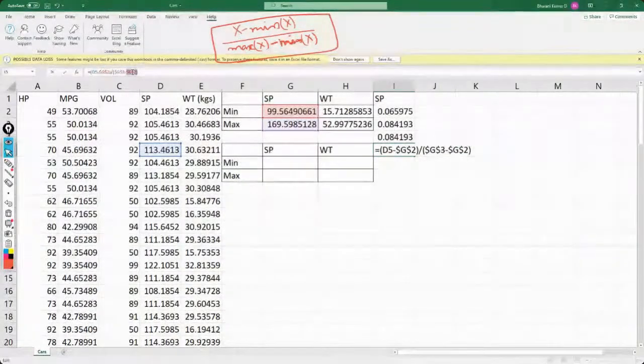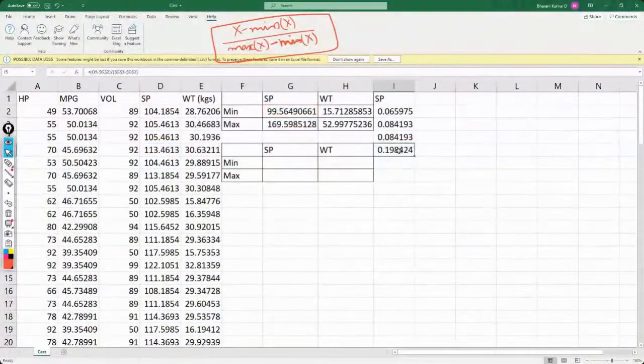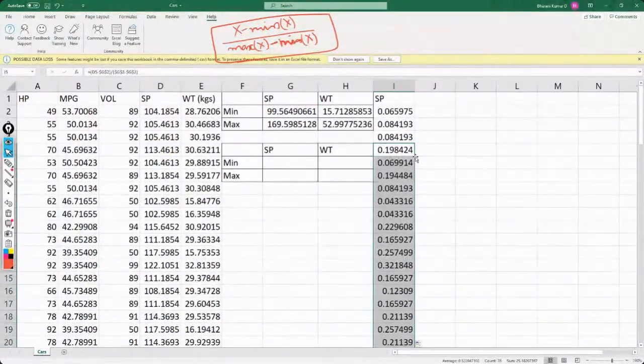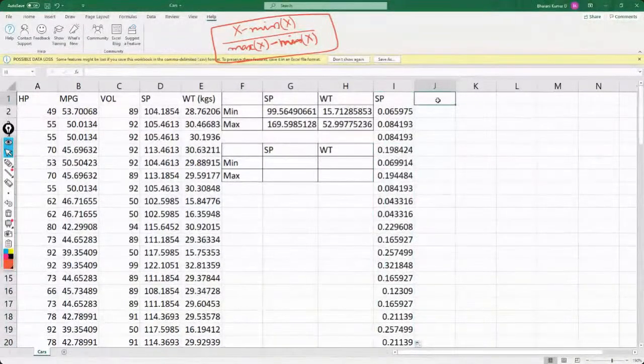Maximum minus minimum, right? So I'm ensuring that minimum and max values remain the same. Top speed, we are done with this. Let's take weight. Weight is again the same. X minus minimum value divided by maximum value minus minimum value.